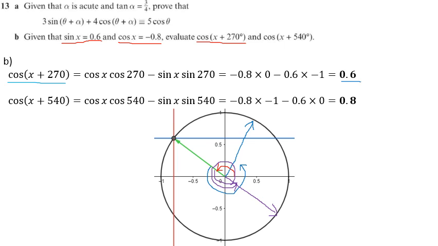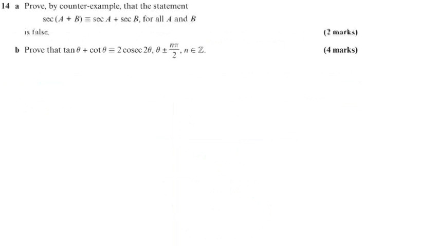Whereas for the purple one, cos of x plus 540, we're getting a cos value of 0.8, which is what we expected, but we get a sine value of minus 0.6. And so the unit circle can be a really helpful way to get a read on some of these things and to put them in a more logical context so that you can verify independently that your results make sense.